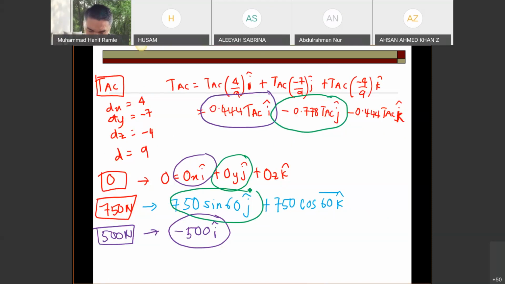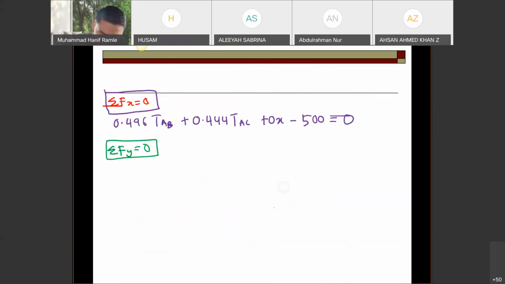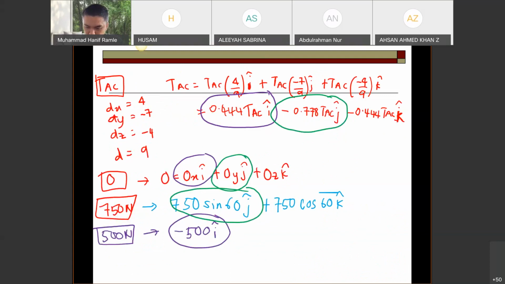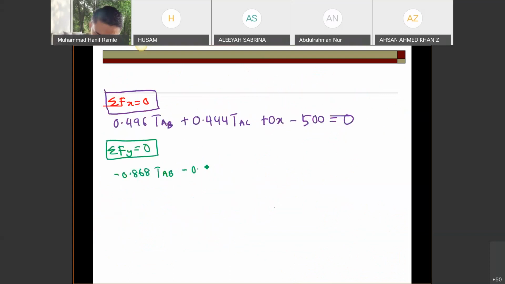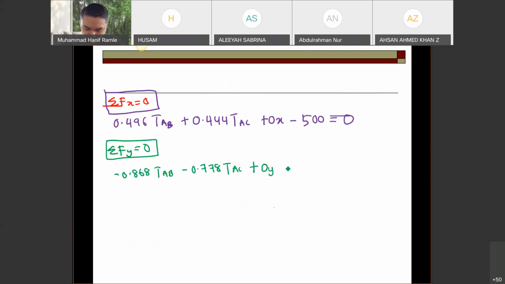So we do have minus 0.868 TAB, then minus 0.778 TAC, plus OY, and another one is plus 750 sin 60, equal to 0.